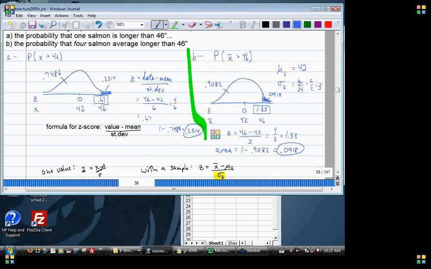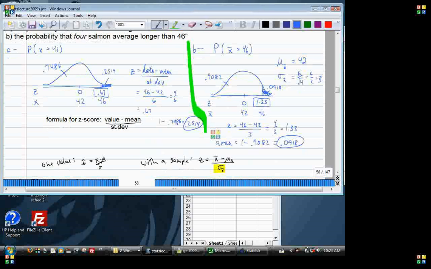But with the sample, what's your value? It's x bar. With the sample, what's your mean? Mu for x bar. With the sample, what's your standard deviation? Sigma for x bar. So the thing we have to pay closest attention to is sigma for x bar because that changes.